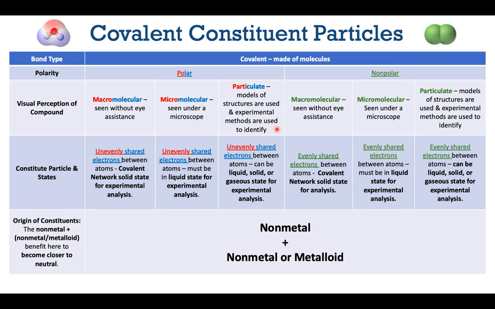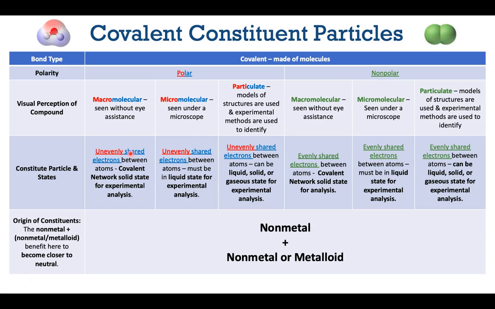Also, computer-based models are examples of particulate structures, things that we cannot visually see. Although they are macro to our eyes, we had to draw them. When they actually exist, they are particulate. They are not able to be seen with our eyes, not even by use of a microscope.